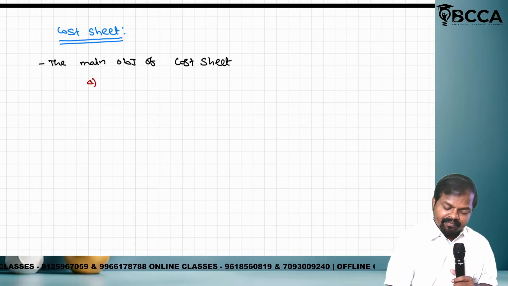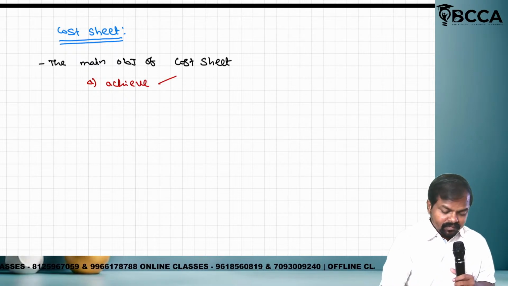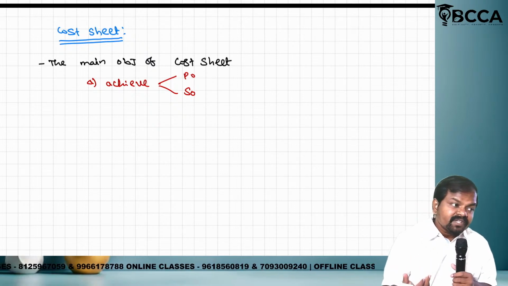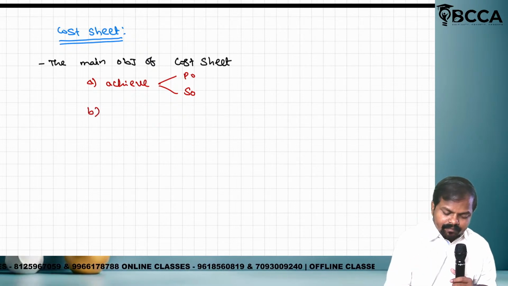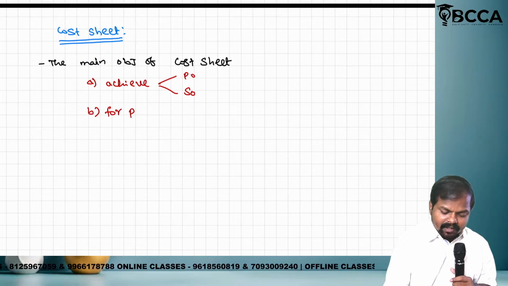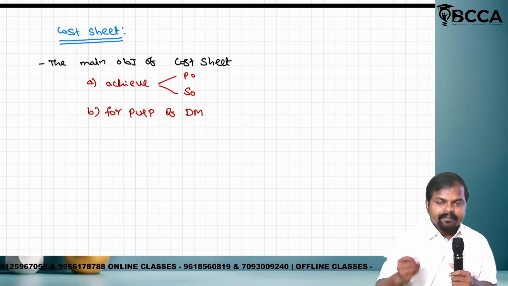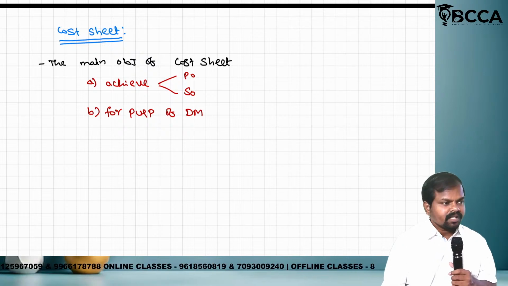Achieve PO, SO. Primary objective, at the same time secondary objective. Next, for purpose of decision making. Correct?